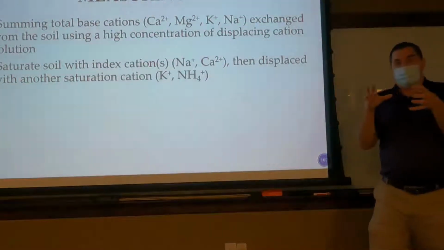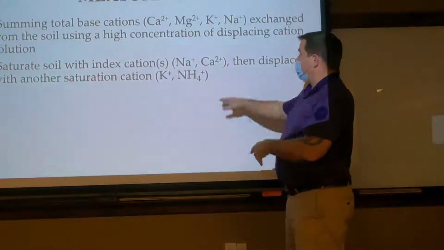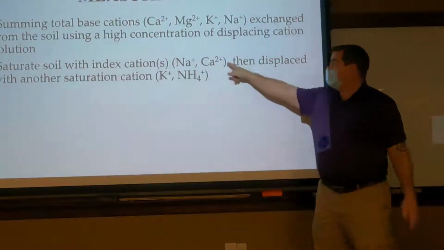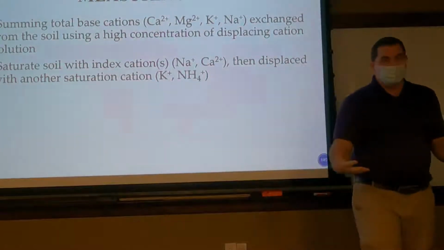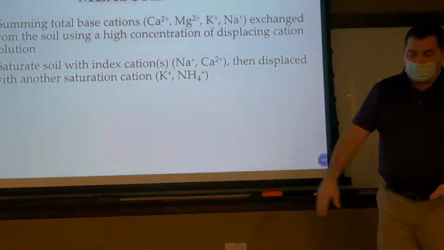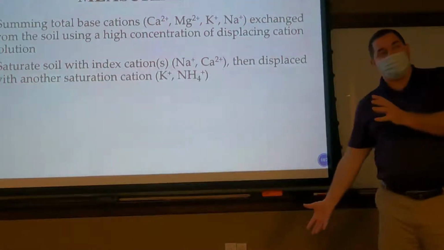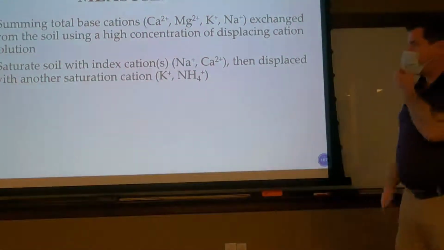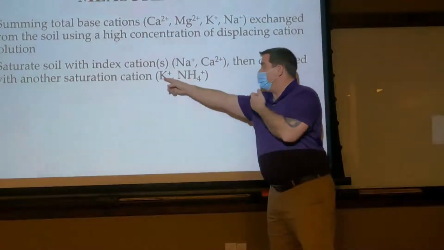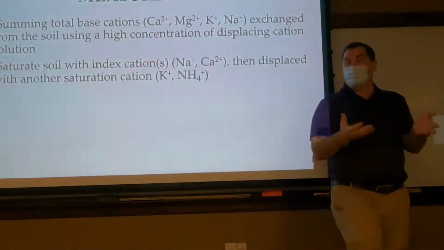So that sodium introduced into the system, or even calcium, now we can use half as much because we have twice the charge. So you add sodium to the system, it displaces all the cations, they come out in the solution, and you can measure that. Then we'll come back and displace them with either potassium or ammonium, and we know the concentration of that.